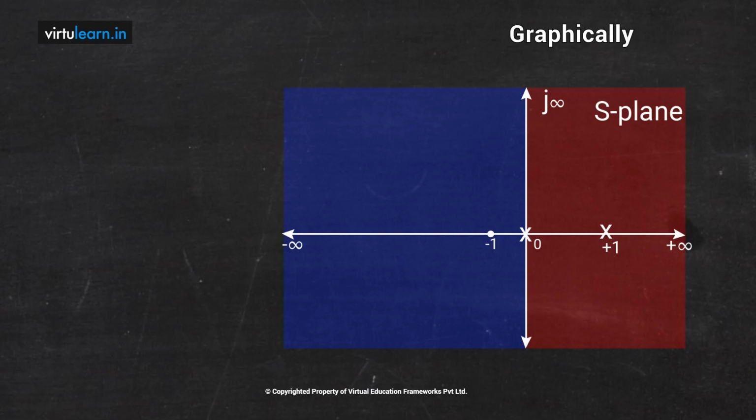When you take plus infinity to plus 1, if you take any point on that segment and look at the right side of that point, how many poles and zeros are available? In this case none, which is an even number. Whenever you have an even number, that segment does not have any root locus. The next segment is from plus 1 to 0. If you count on the right side, there is one pole.